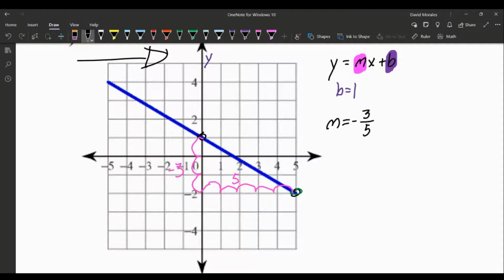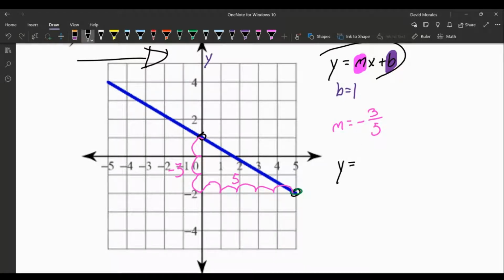That is my slope. So now I've got my b and my m. I'm going to write this in pink just because I want to keep things in color. Negative 3 over 5. Now that I have my b and my m, I have enough to write an equation of the line. I just replace my m.